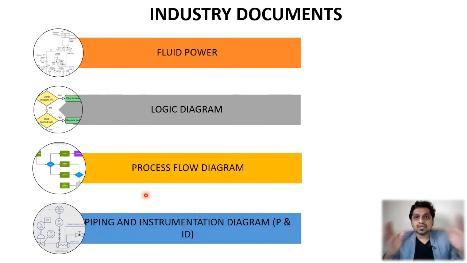So it gives us a complete scenario of the machine: which sensors are used, at which position they are used, what the pipe sizing is, and all. All these diagrams can be made in, say, AutoCAD or some other tools also.